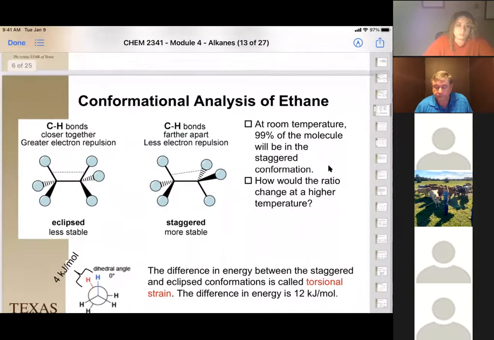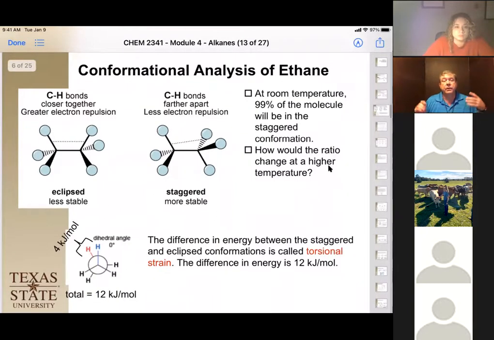Okay, so we have two things that we are looking at. We have eclipsed and we have staggered. And the staggered is more stable because all the bonds are as far apart as possible. All the electrons that are on the different hydrogens are as far apart as possible, and there's the least amount of electron repulsion available to us.